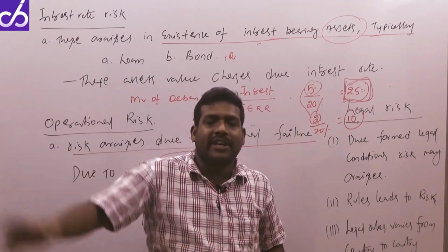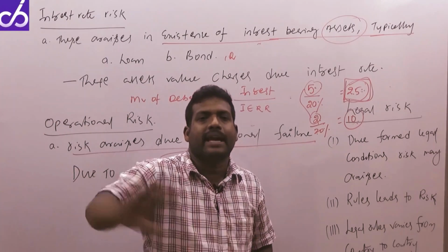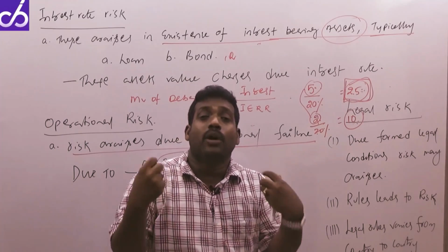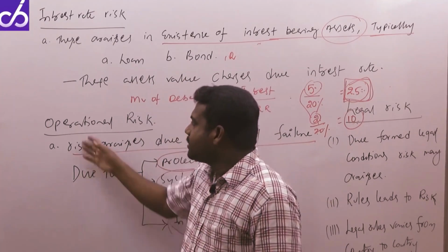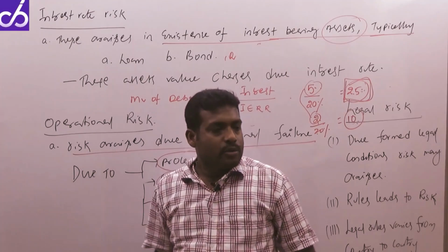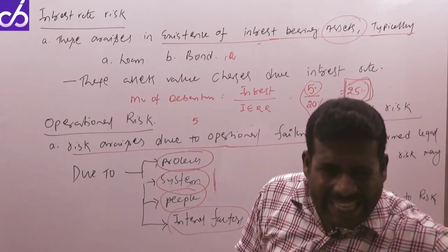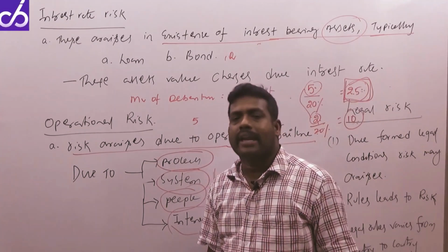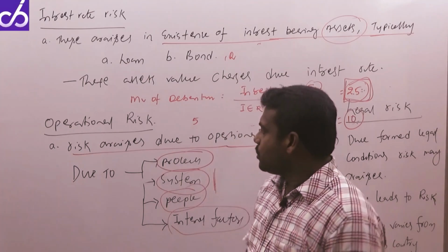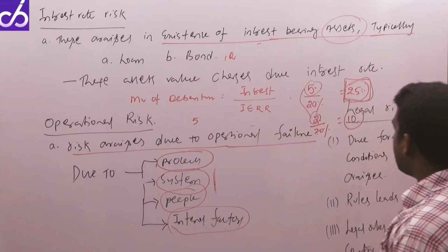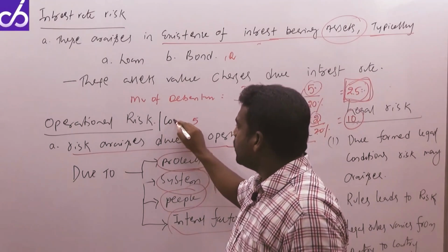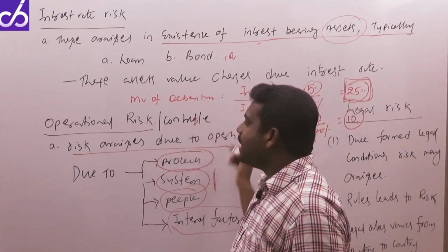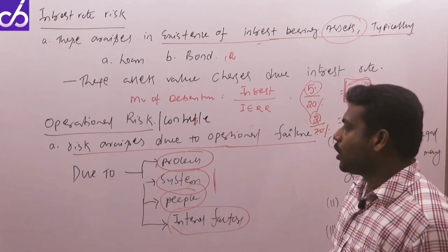Because of the missing file, the case is cancelled. A very bad situation. Such a risk in a company is called operational risk. It happens because of laziness and improper rules and regulations of the company. Since it is operational risk, we can say it is a controllable risk. If you follow a systematic rule, you can control it.